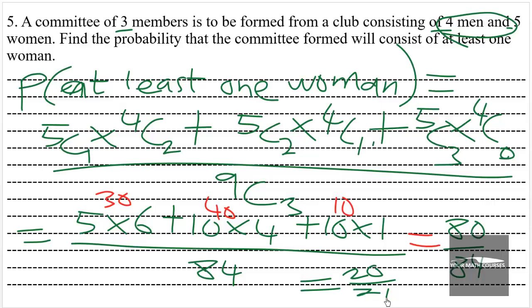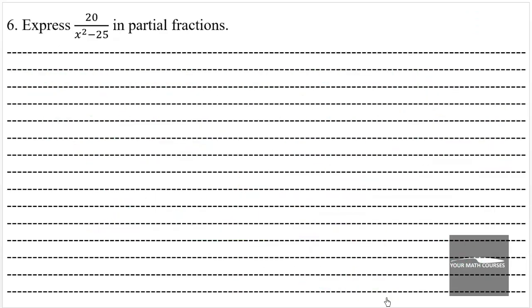Now let's look at our next question, and that question is question number 6. We are expressing 20 over x squared minus 25 in partial fractions. So how do we do that?